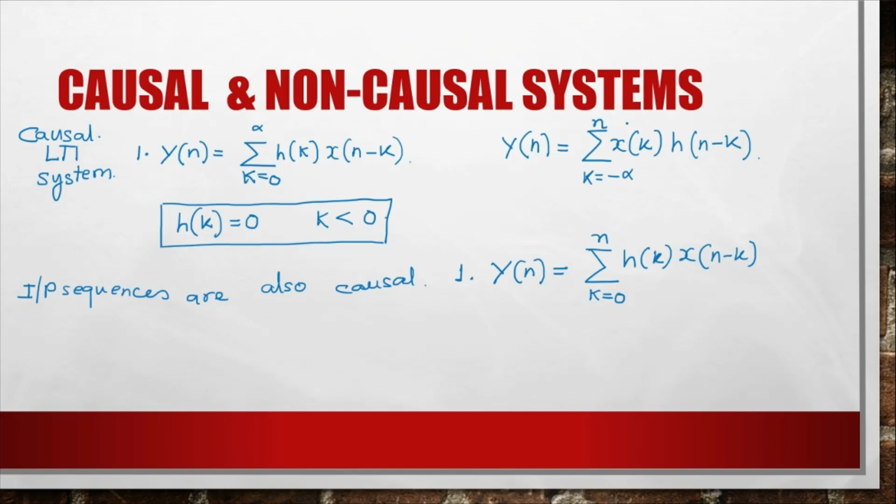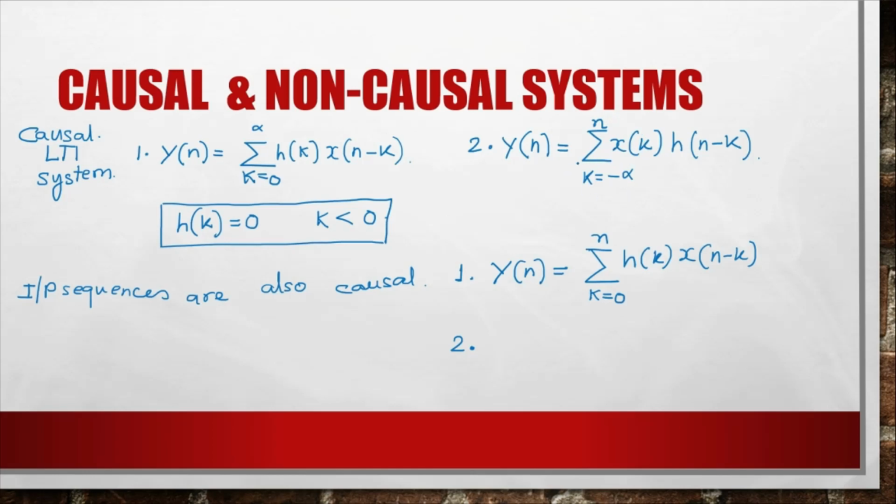Okay. Next is the second expression, which is the expression for the system to be causal. Now, if this x is also causal, then it can never be a negative value. It always starts from a positive value, that means it can start from 0 only.